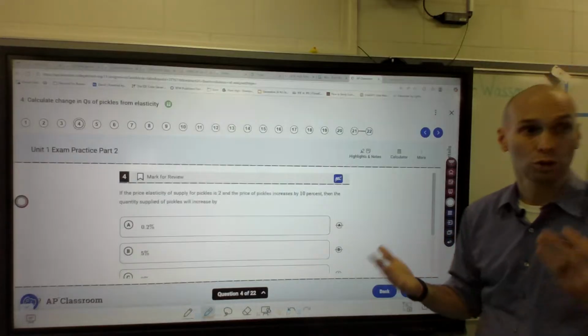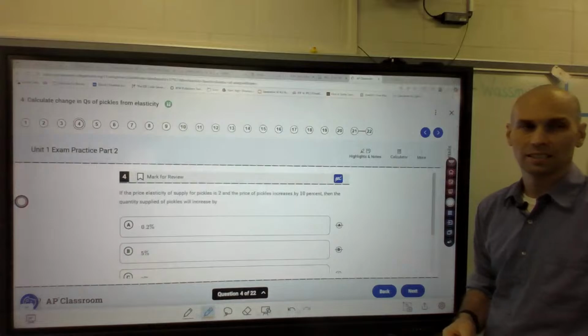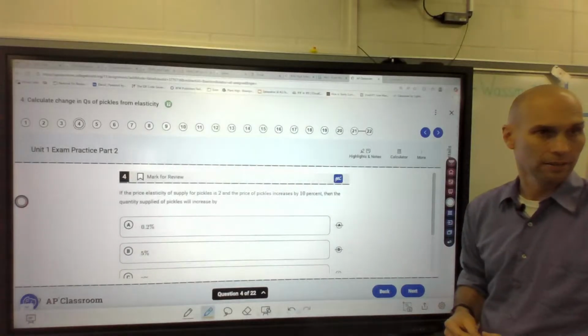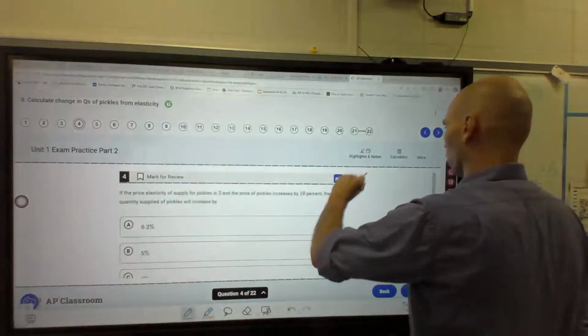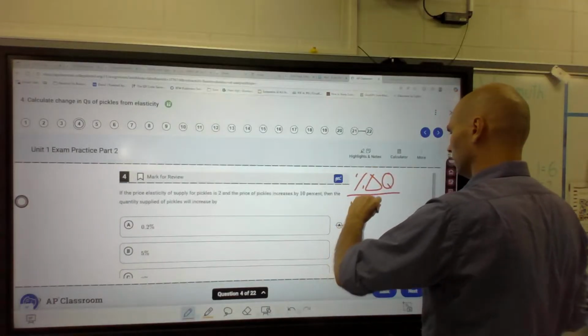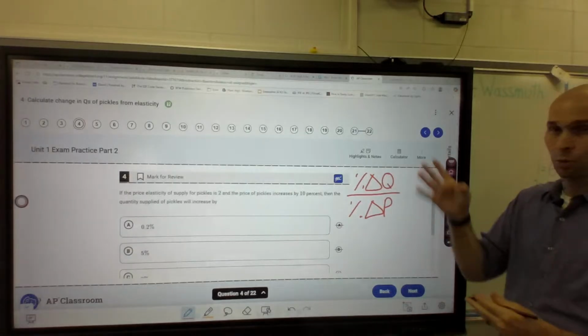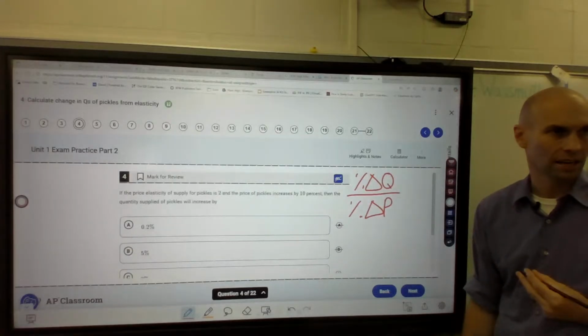Very good question. You should all know how to answer this. When you see elasticity, what formula should be right in your head? Change in quantity over change in price. So right away, percent delta Q over percent delta P. I say always think that, write it down, look at it. That's why you guys had trouble. How many of you wrote this down for the question?